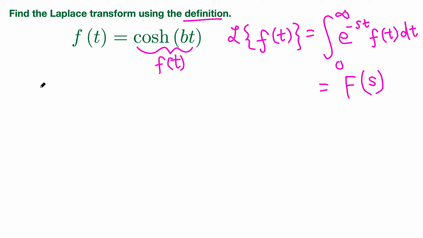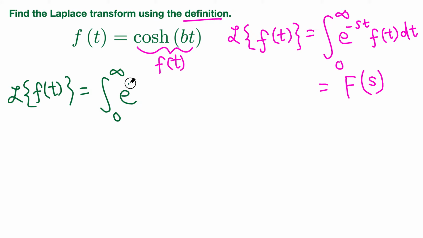So let's do it. The Laplace of the given function is the improper integral from 0 through infinity of the kernel e raised to negative st times the function cosh, or hyperbolic cosine, bt dt.